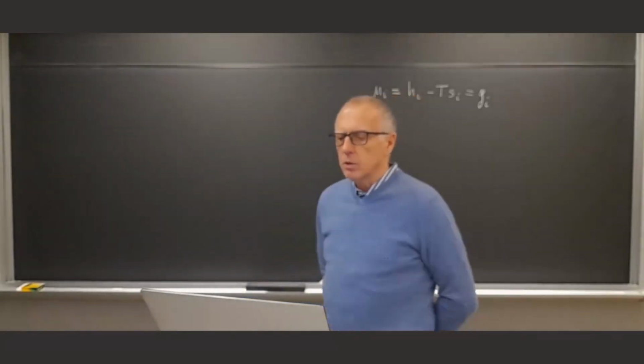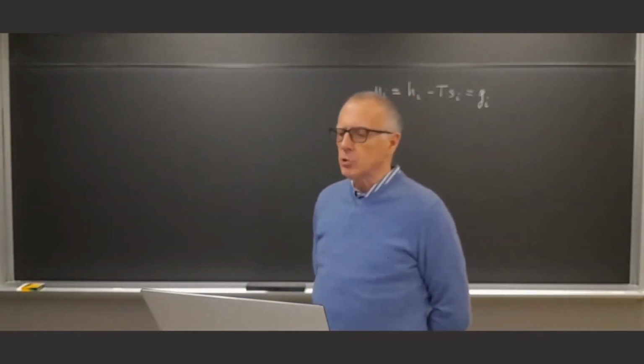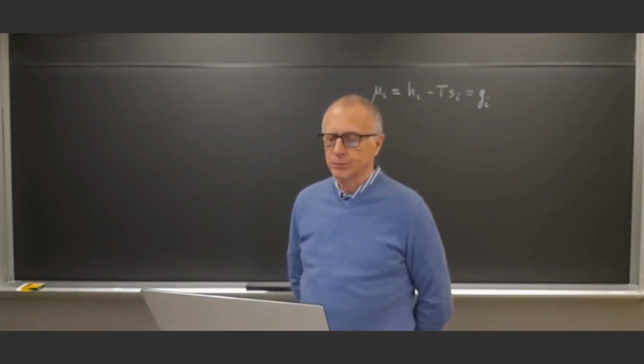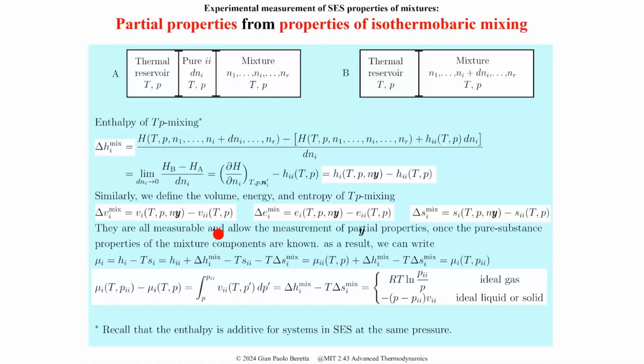So how do we measure these partial properties? And here's the setup. We take a mixture with a given composition in stable equilibrium. Of course, I'm not repeating it often enough, but we are concentrating our attention now on the stable equilibrium states.